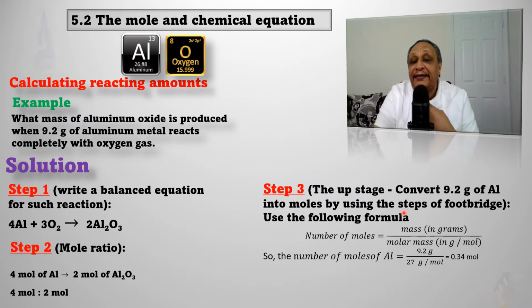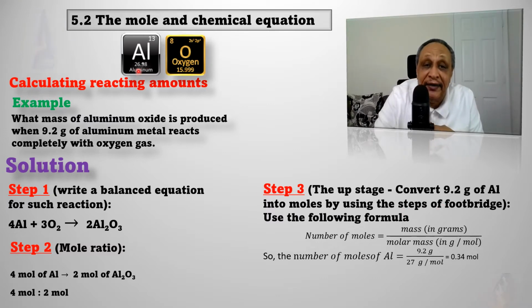Where do I get this 27 grams per mole? This is from here, the relative atomic mass of aluminum, and it's going to be 0.34 moles.